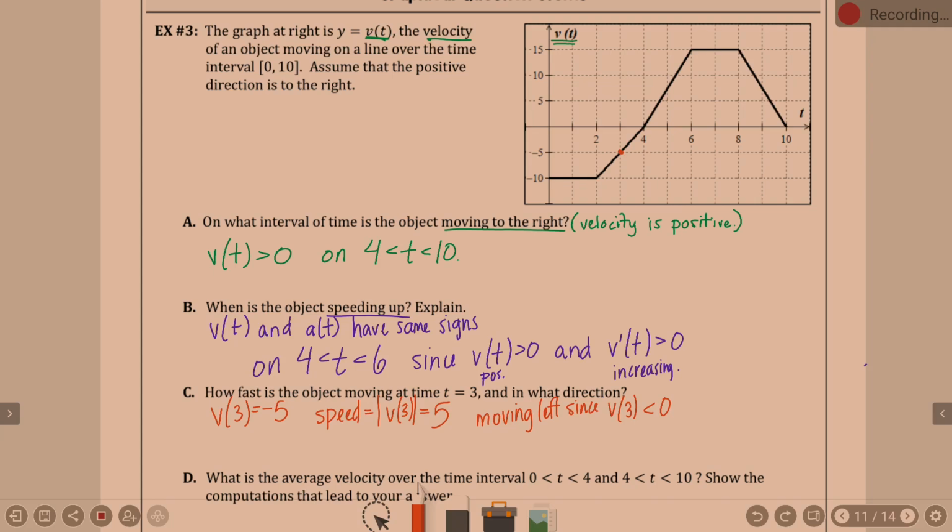And if you recall, when we start talking about distance in a velocity graph, I think I have mine split up too. From 0 to 4, this section right here is 2 by negative 10, so this is negative 20.